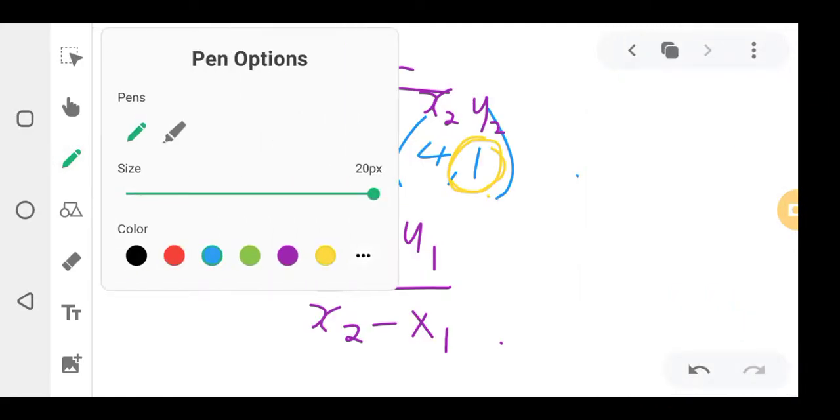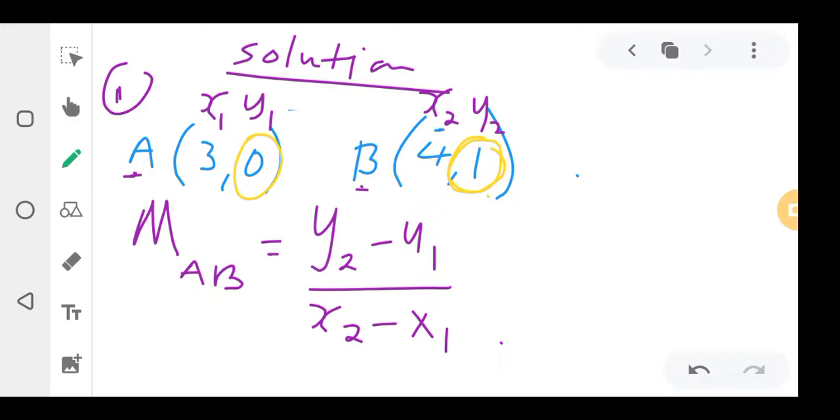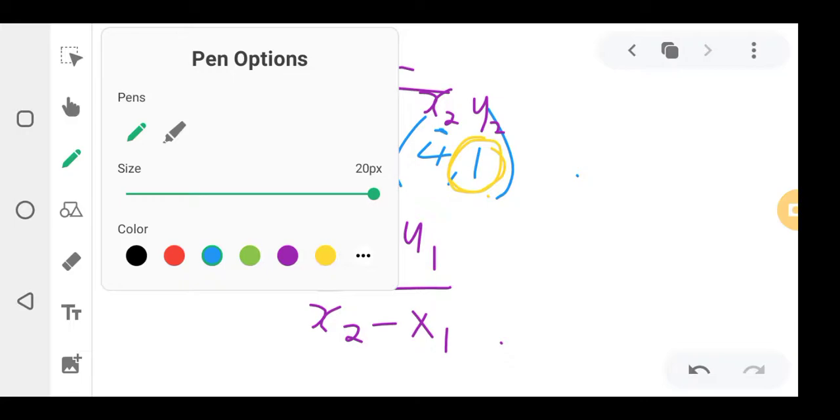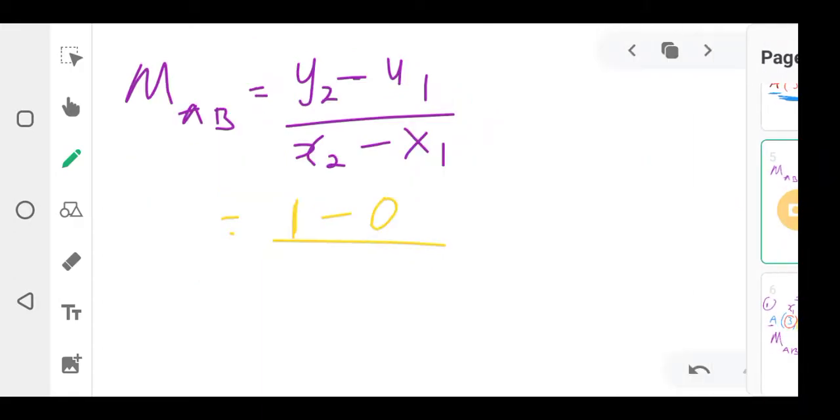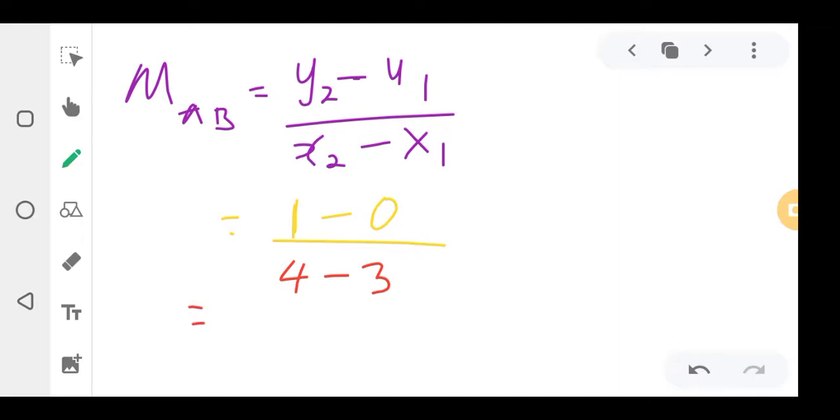My x2, as you can see, is 4, minus x1, 3. So it is 4 minus 3. So 1 minus 0 is 1, 4 minus 3 is 1. So 1 divided by 1 is 1. So the gradient is 1.